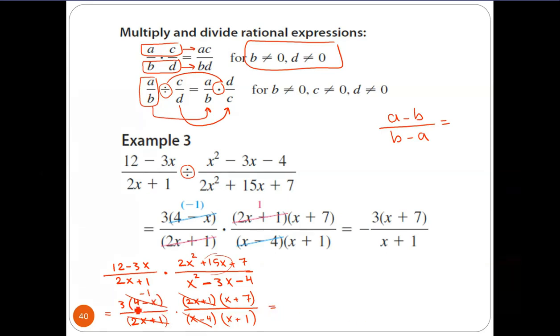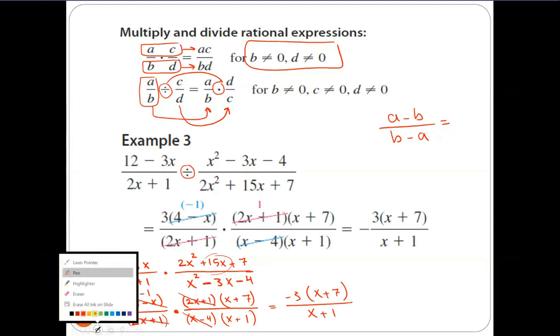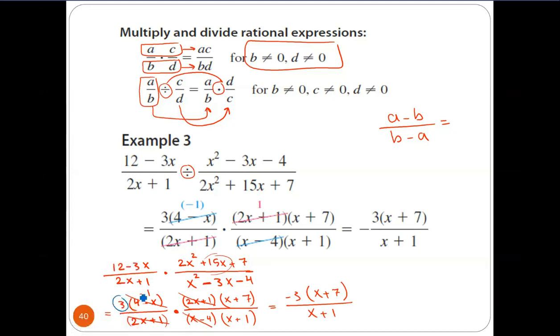Now, from the first fraction we have negative 3, and the second fraction we have x plus 7, and the denominator equals x plus 1. We have only negative 3 times x plus 7 over x plus 1. This is the final result. Okay.